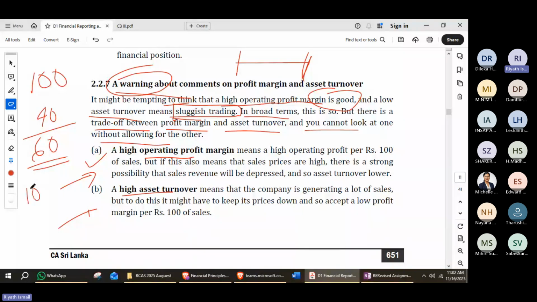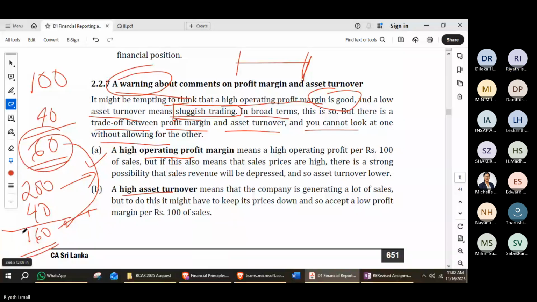Another way: the cost is 40 rupees, but they may sell it for 200, same cost but a 160 rupee margin. Comparatively, they are having a higher margin. So a higher margin may give you a lot of profit, but here you can drop the sales.